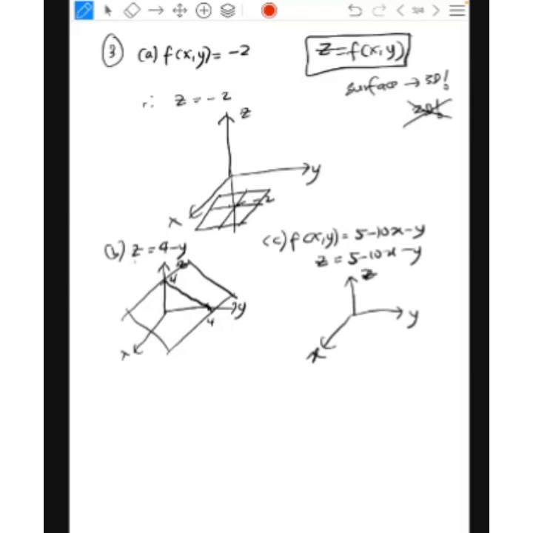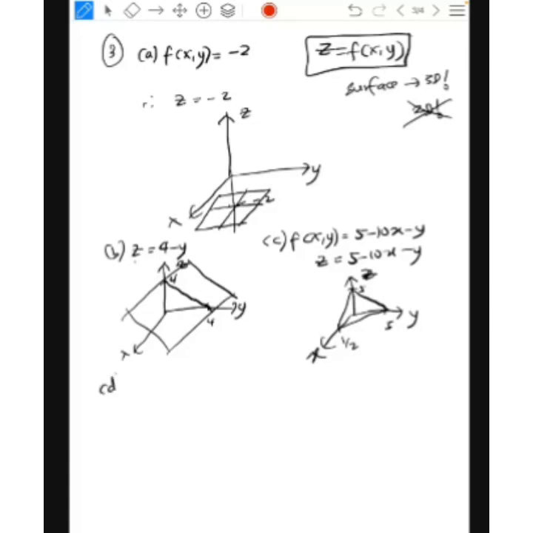So you just have to find the intersection point with each axis. So z equals 5, x equals 1/2, and y equals 5 also. Then just join all these points to form the plane.